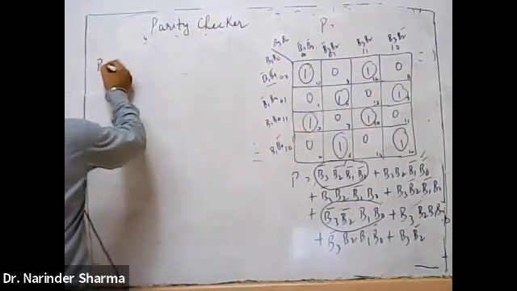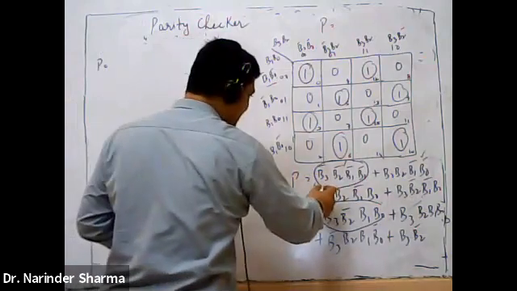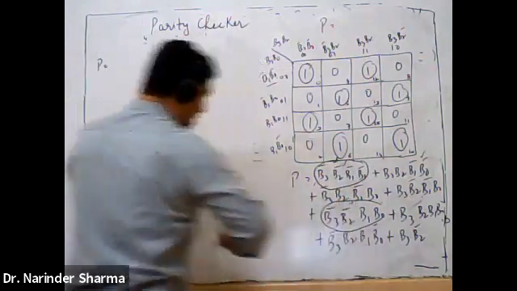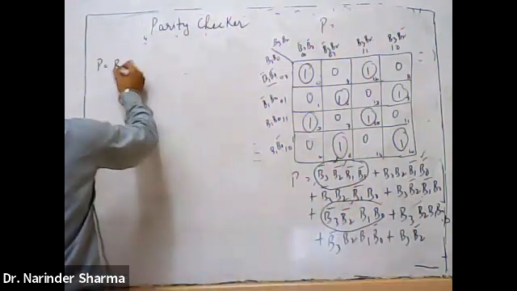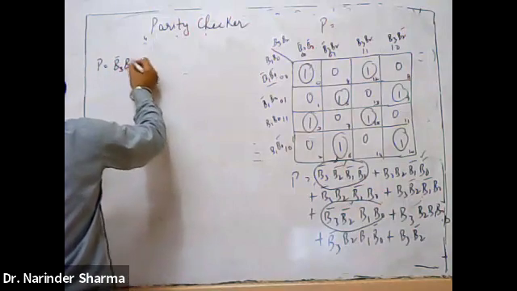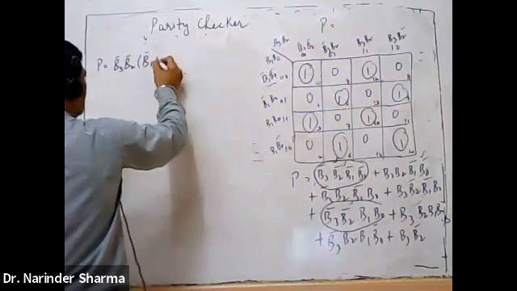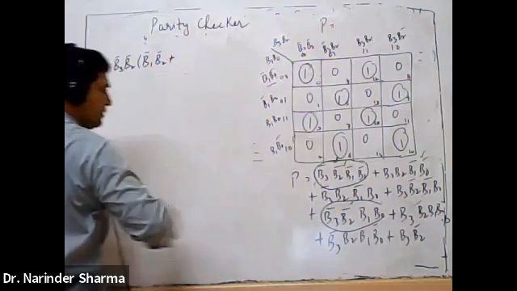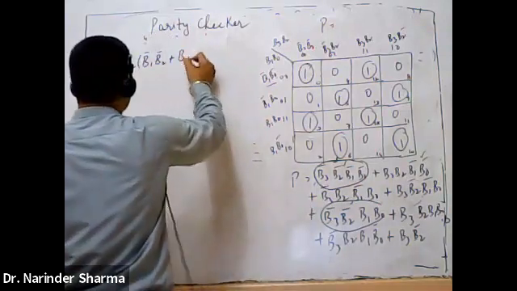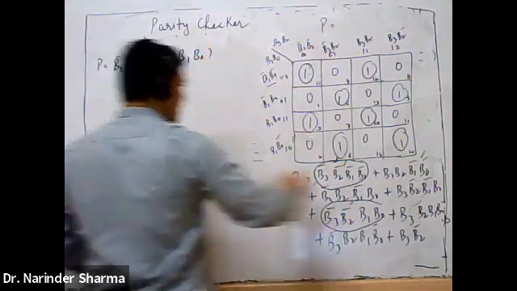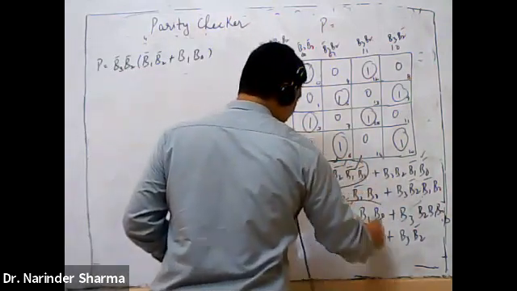P is equal to, from here you can see this one circled expression, B3 bar, B2 bar, in bracket there would be B1 bar, B0 bar plus B1, B0. This expression has been used.